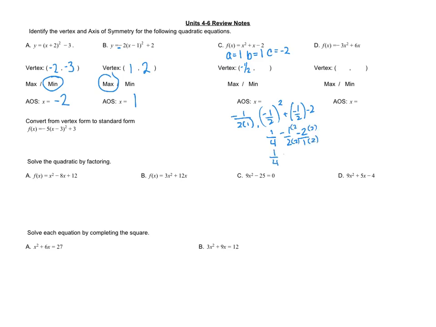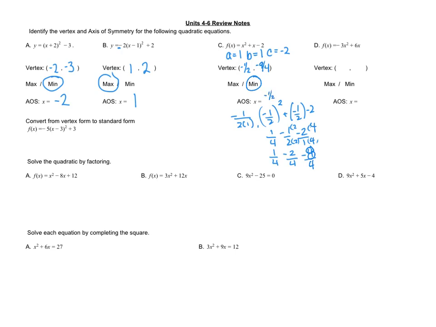So I have 1/4 minus 2/4 minus 8/4. So 1 minus 2 is -1, so -9/4. It's going to be a minimum, and x equals -1/2.